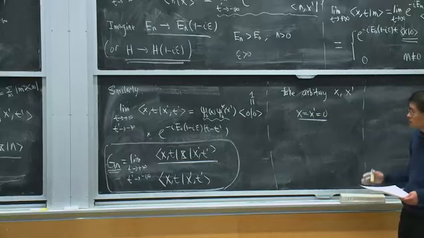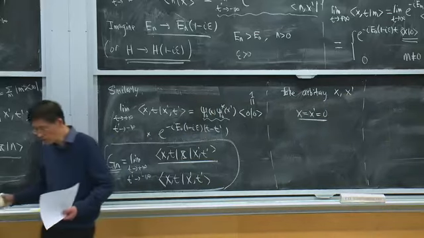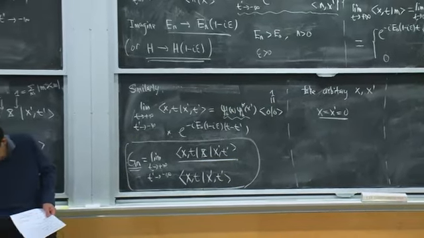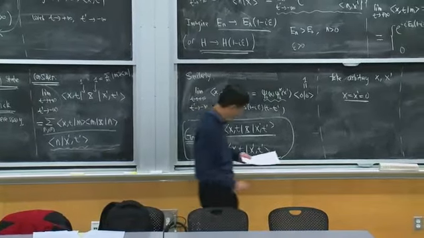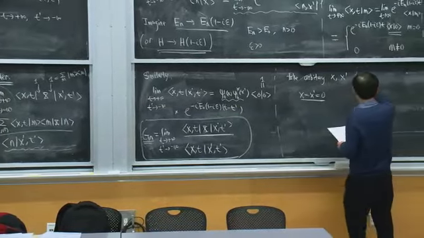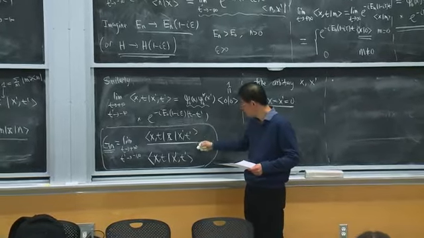Good. There's one more trick we have to do. Sorry, there are too many tricks. There's one more trick we have to do. So now we have told you how to calculate this guy for arbitrary x.